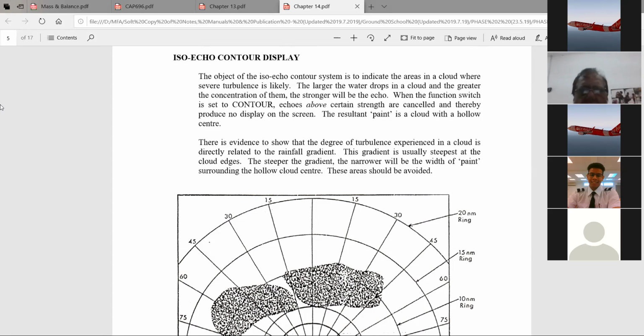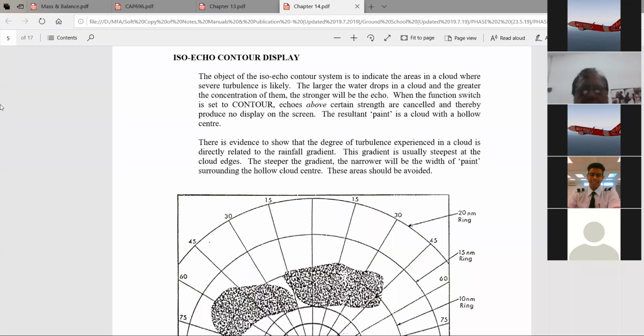Now, once this circuit is in operation, once you have switched it on, if the size of the water droplets is approximately 3 centimeters, the returns coming back will be extremely strong, giving you the picture that strong returns are coming back.